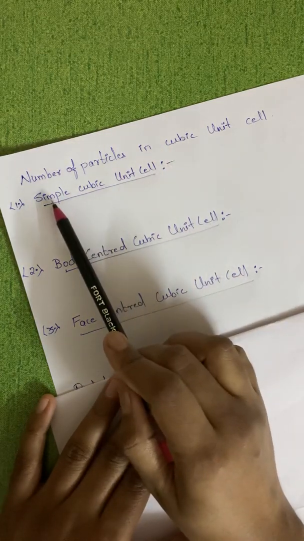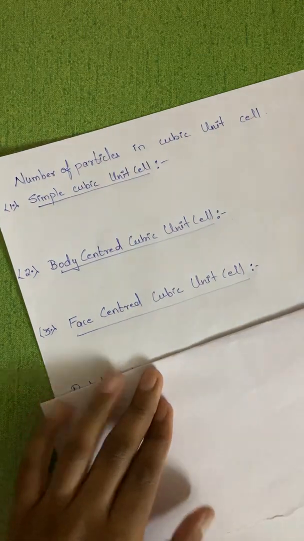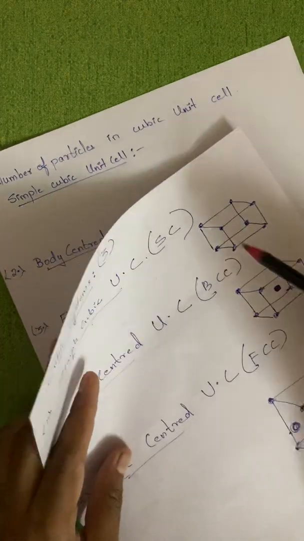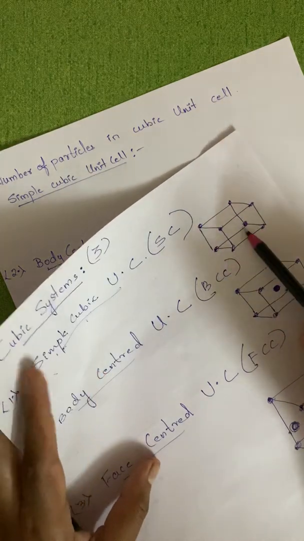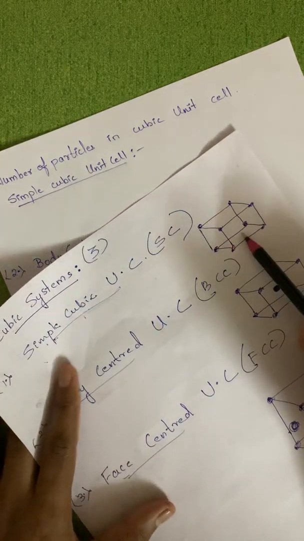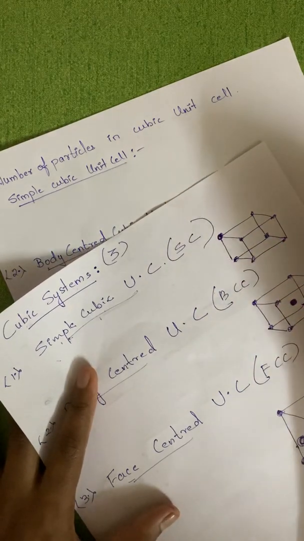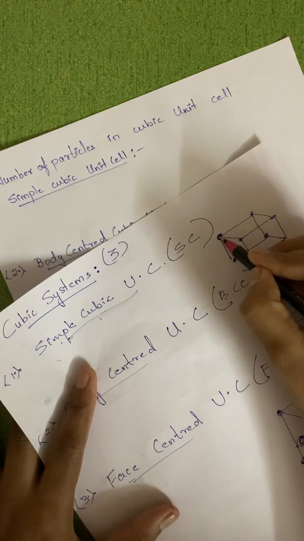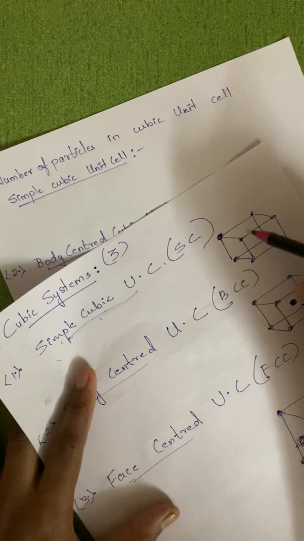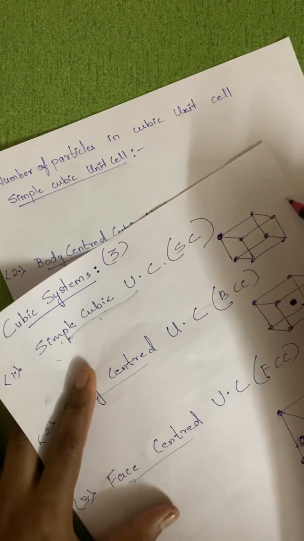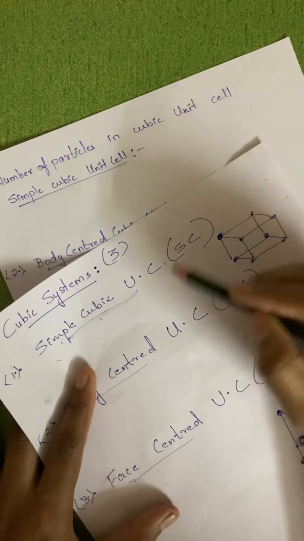Now the first one, simple cubic unit cell. You know that in this structure the constituent particles are in each corner. What do you mean by this? That means this one constituent particle is shared by how many? By 8 cubes: 1, 2, 3, 4 over here, and on top of that again 1, 2, 3, 4.